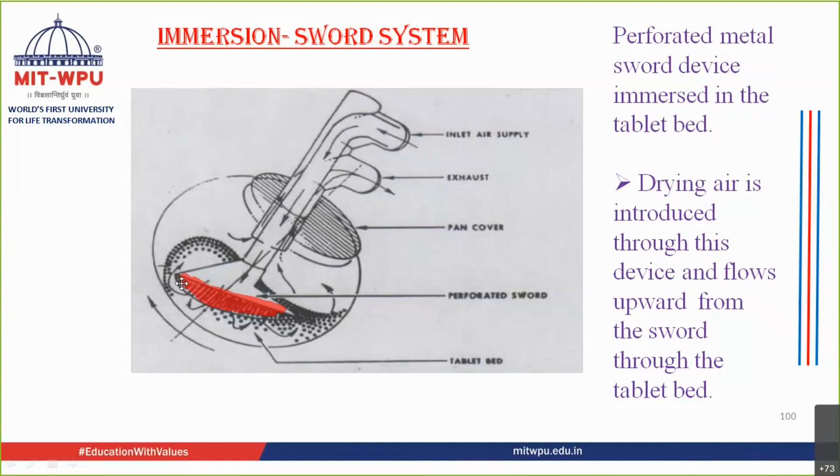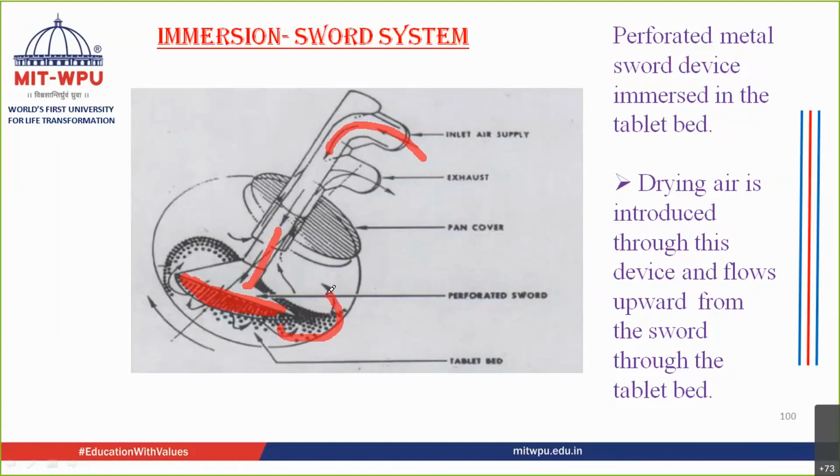From here your inlet of air supply is there, and it goes inside. You have a perforated sword, and from this perforated sword your hot air comes out and goes inside the bed.